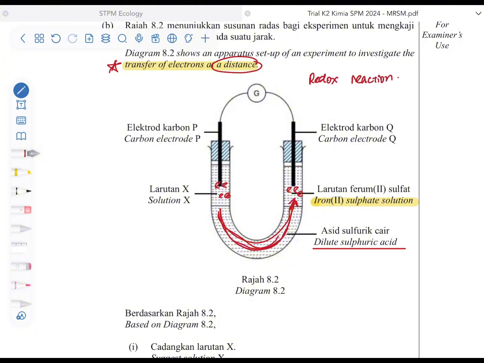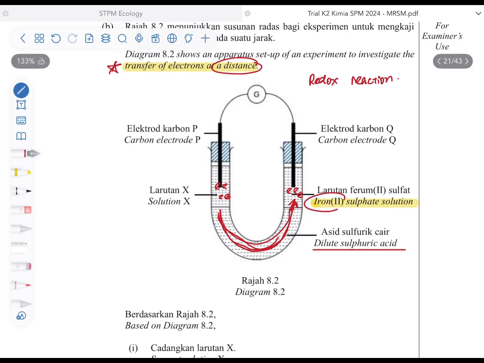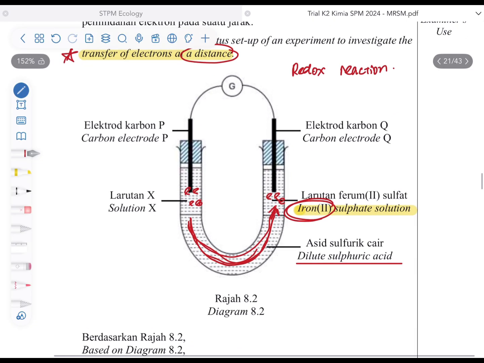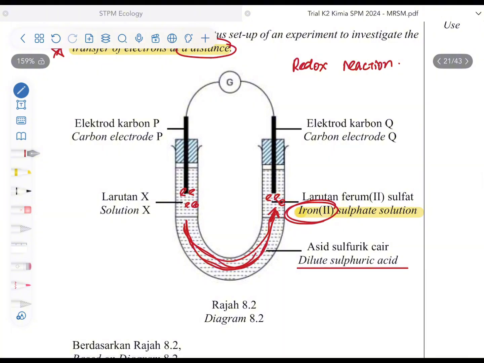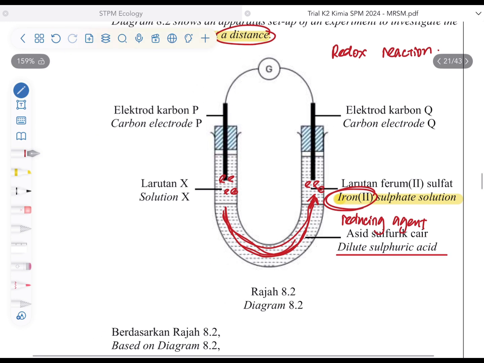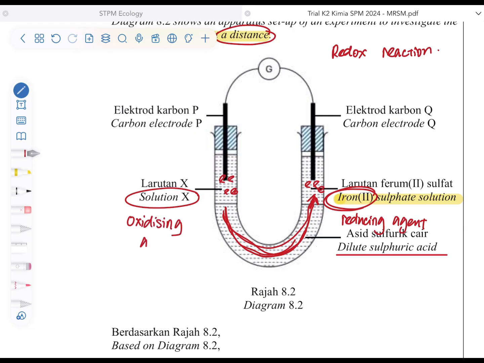So for your information, you need to always remember iron 2 solution. This is the keyword. This is the main character. Iron 2 ion is the reducing agent, right? It is the reducing agent. It means that the solution over here must be something that is an oxidizing agent.